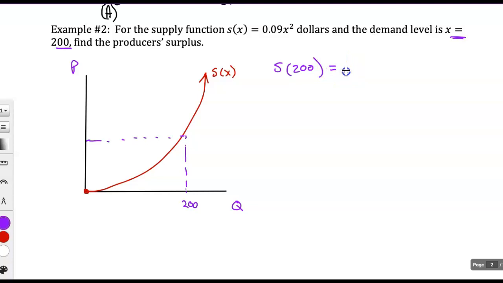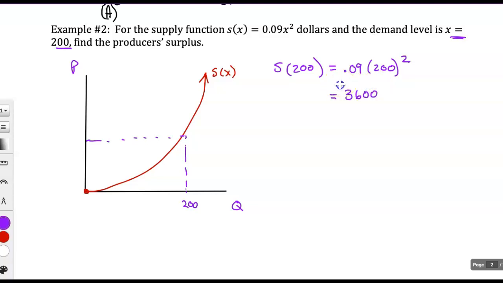So I do 0.09 times 200 squared. And this is going to give me my market price at a supply of 200. So that's my supply level. So if I square this and I multiply it by 0.09, I get a price of $3,600.